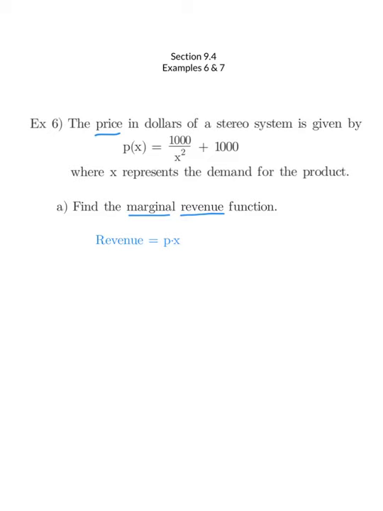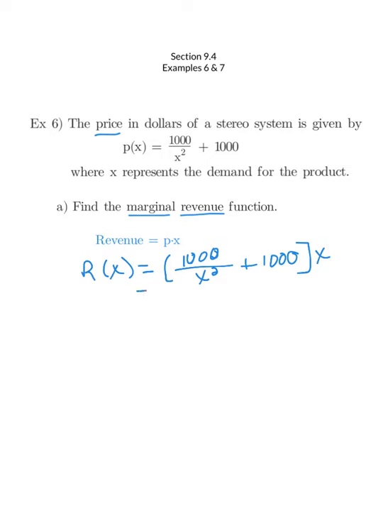In our problem, we are told that P is 1,000 over x squared plus 1,000. So to create our revenue function, the first thing we are going to do is take our P, which is 1,000 over x squared plus 1,000, and take the whole function times x.